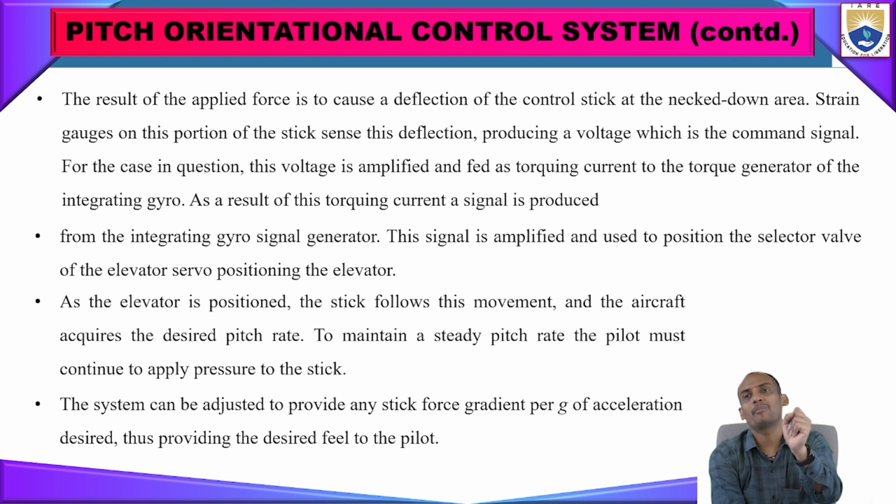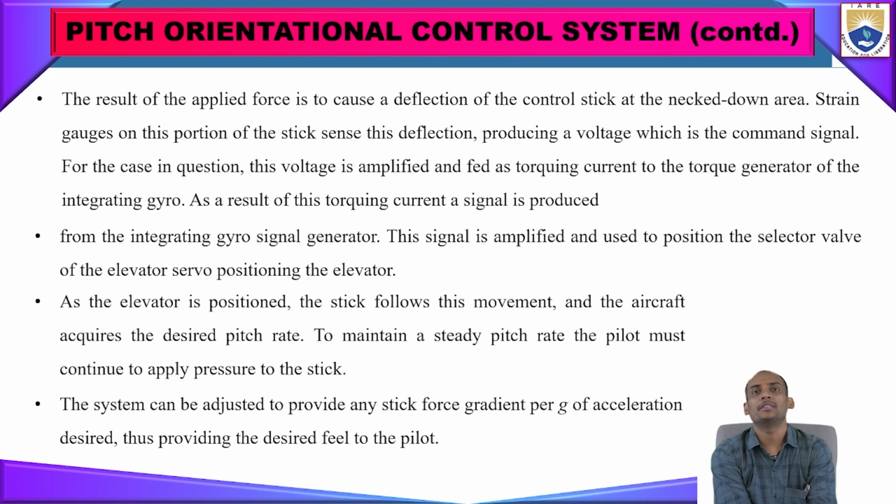The initial signal will be of very low strength, so the strength will be amplified. The summing amplifier is also used here. That voltage commands the torque current and the torque generator of the integrating gyro. From the integrating gyro to the signal generator, this signal is amplified and used to position the selector valve of the elevator servo, positioning the elevator.